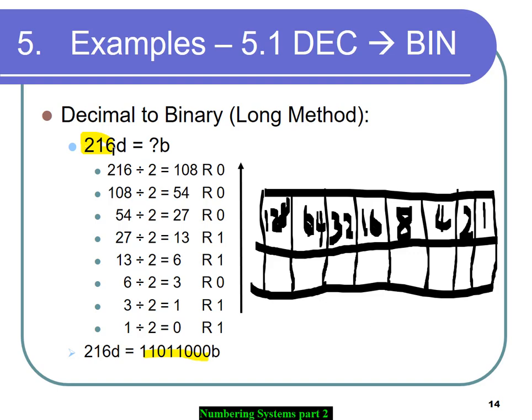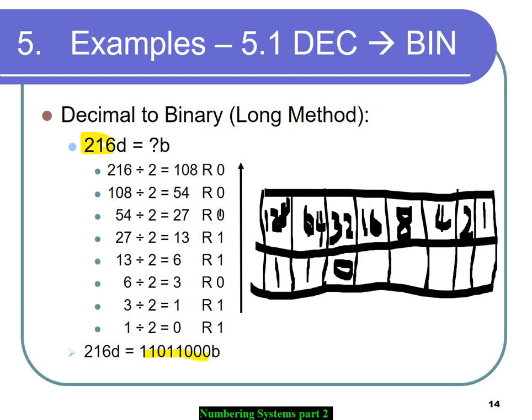Now, if you had to take 216, can it go into 128? Yes, it can. And then the remainder would be, you work it out. Can it go into 64, the remainder? Yes, it can. Right? Then you'll get to 54, as you can see here. Obviously 54 is bigger than 32, so that becomes a 0, right?